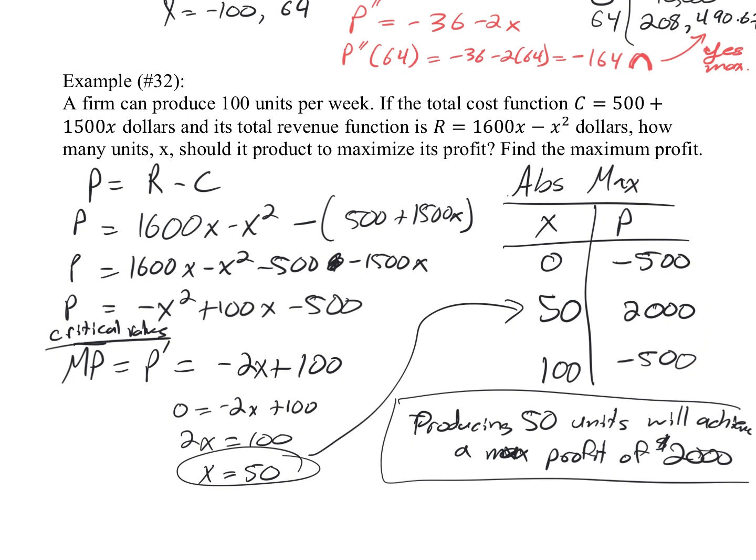So if they had asked for an absolute minimum profit, I would say the minimum profit you could ever achieve is negative $500, and there's two ways you can achieve it. You can achieve negative 500 if you produce 0 units or if you produce 100 units. That would be the type of sentence that you would write, or if it was a more stale type of problem that didn't have a context, you would just say the absolute minimum is negative 500 when x is equal to 0 or 100.